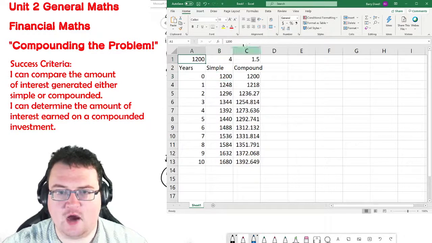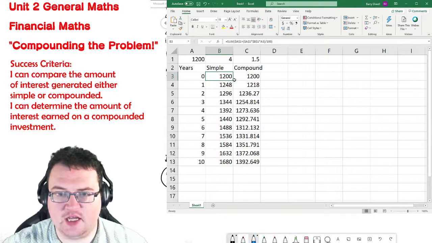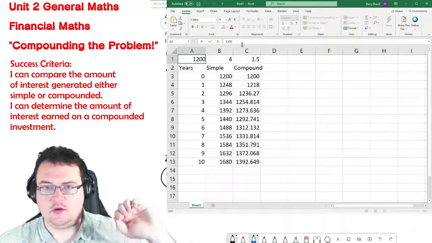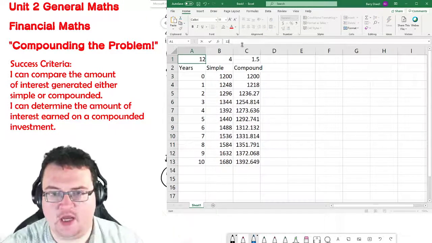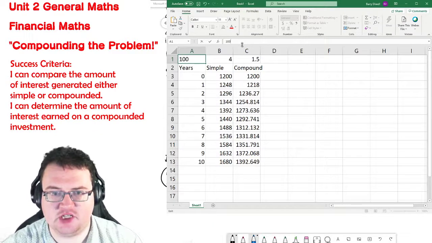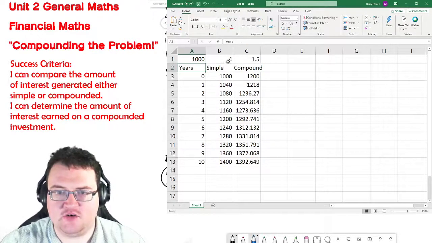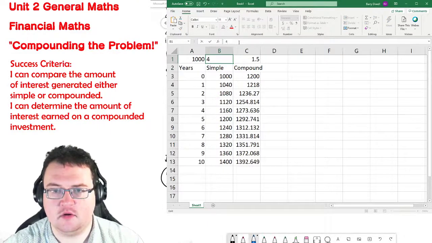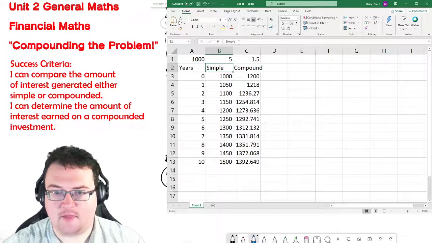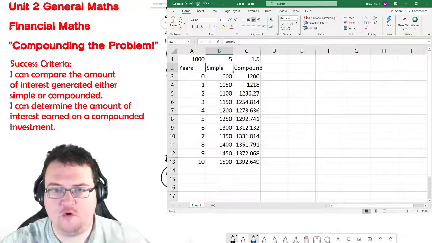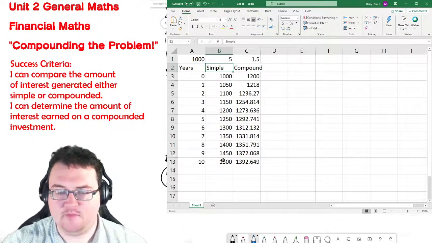So what I've done now is I've created a little calculator here that I can change. I can change my deposit amount, initial deposit amount, I can change the interest rate, and it will automatically update all the values for me in the table.